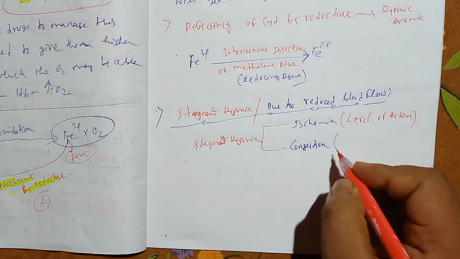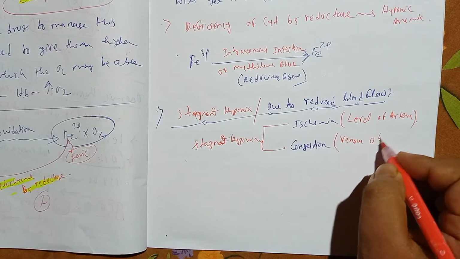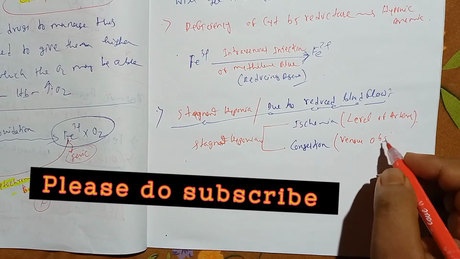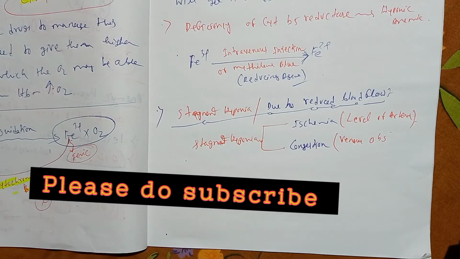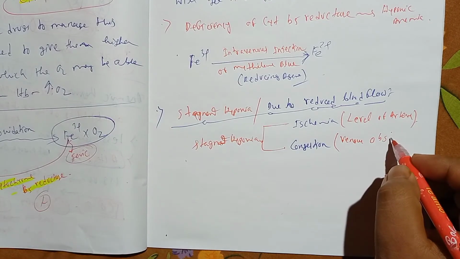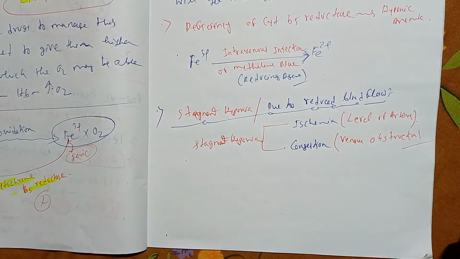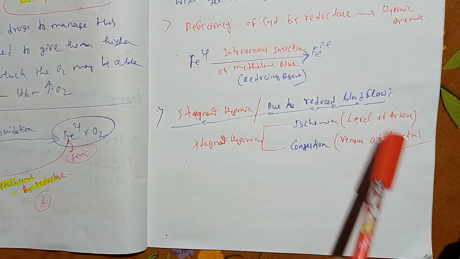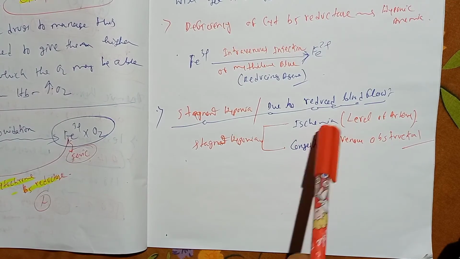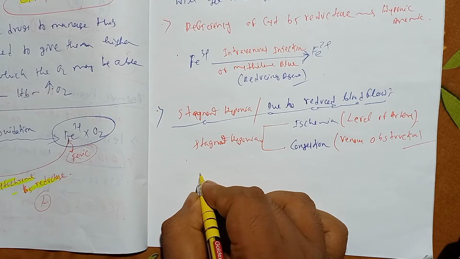Then we can also see venous obstruction, where if there are venous obstructive particles, the hypoxia is called stagnant hypoxia. Ischemia is the most common of course, so between them, ischemia is the most common case of stagnant hypoxia. You write down ischemia.